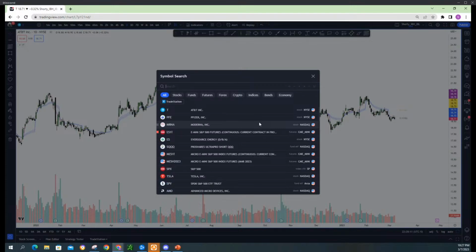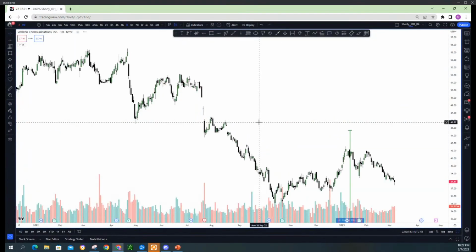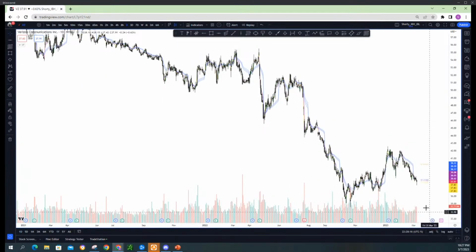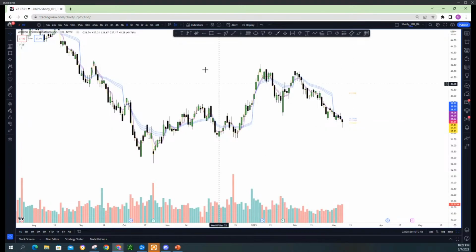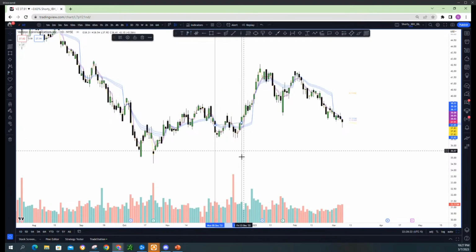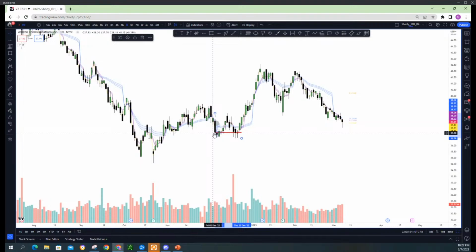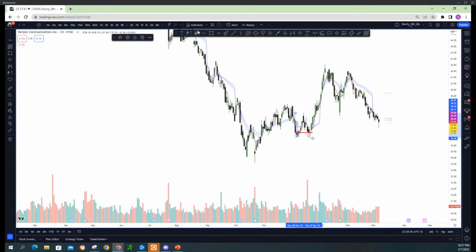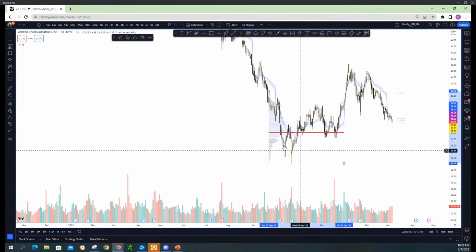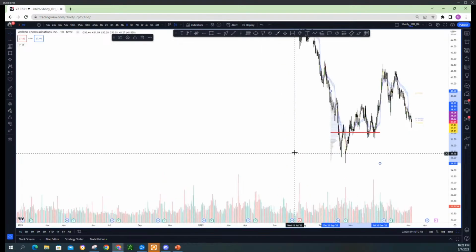I'm still watching Verizon. I have some of this in my portfolio already. And you see them here coming to this accumulation. They have a little bit more to drop, and they've been in this range for some time. This is a pretty wide range. Not too far from that level, they'll be here.